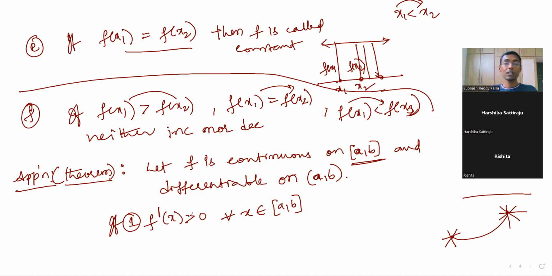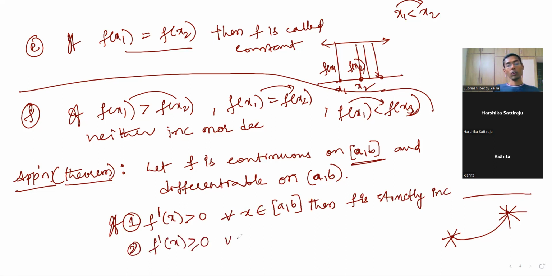If the slope of the tangent is always positive, then we say f is strictly increasing. Number two: f dash of x is greater than or equal to 0 for all x belonging to (a, b). Then we say f is increasing in the interval (a, b).